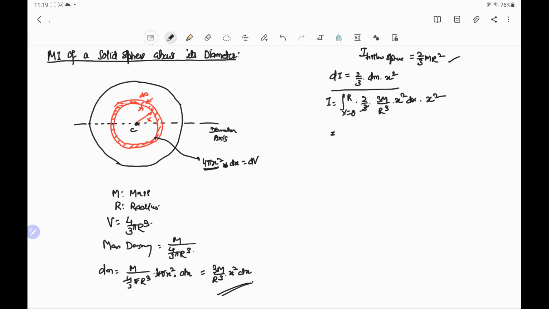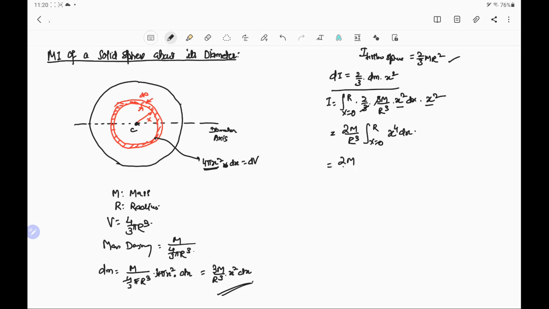Common terms will be taken out, 3 will be cancelled by 3. So it will be 2m by r cube integral x equal to 0 to r, this x square will be combined, x to the power 4 dx.